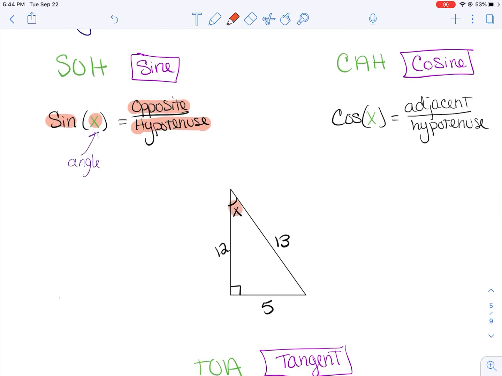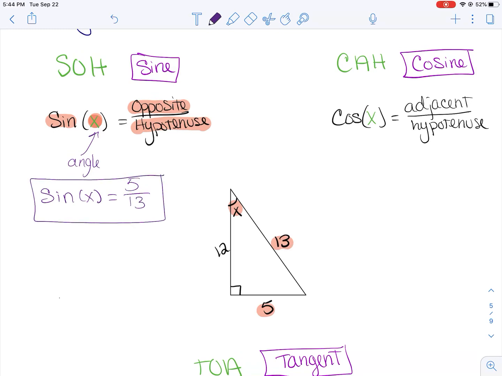So if we look below at our triangle here, we are looking at angle x, right? That's the angle that has been designated for sine. So in order to set up our ratio, we would say the sine of x is equal to, well, the side opposite x would be 5. So opposite is the numerator, and the hypotenuse of this triangle is 13.